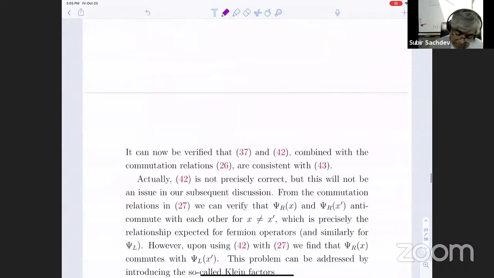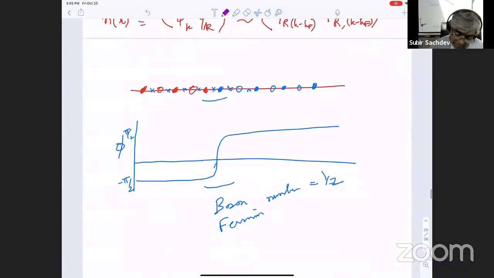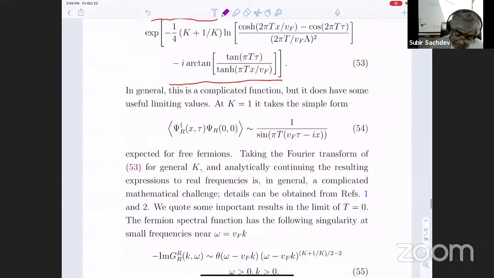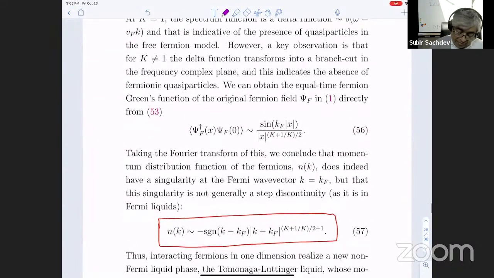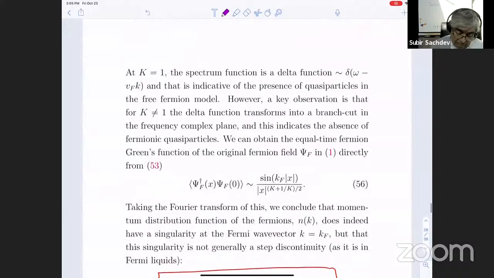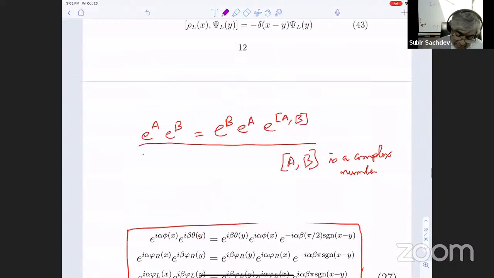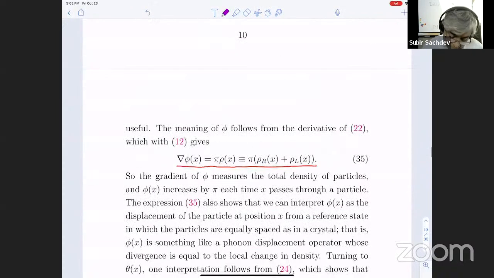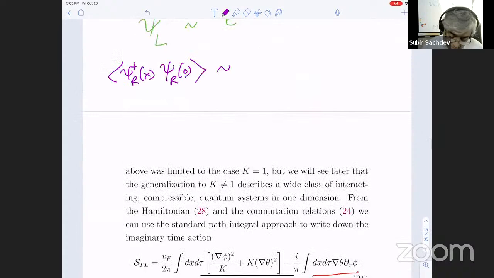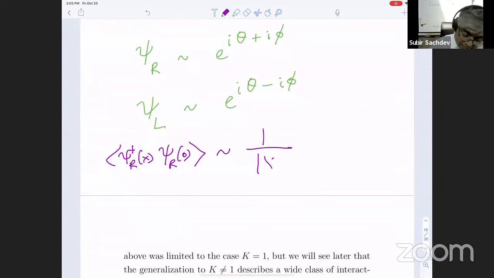It goes as mod x to the power K plus 1 over K over 2. That I should have known. Okay, 1 over mod x.